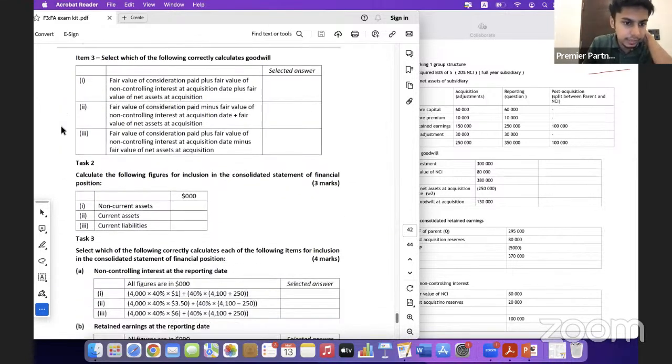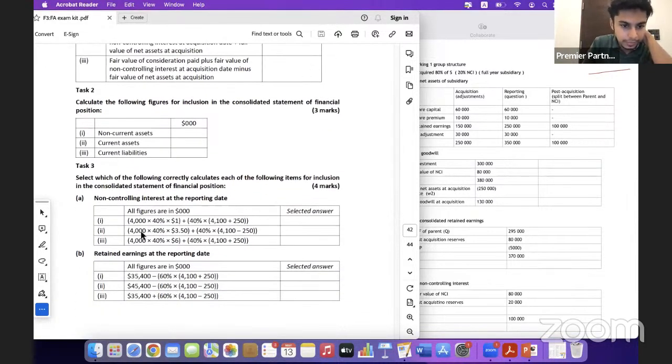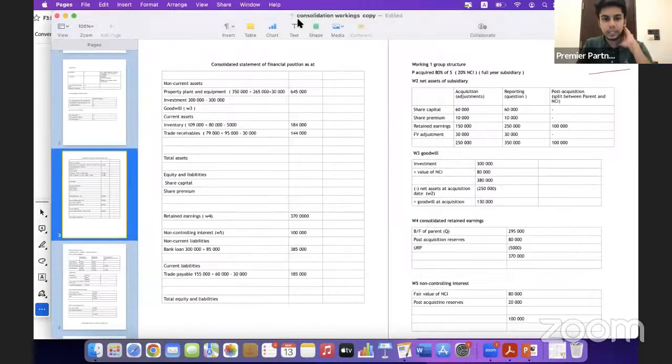Then they are asking us the value of non-current asset, current liability. So it's kind of a little bit of a bigger question actually. Then they are asking from us non-controlling interest value. And on top of the non-controlling interest value, guys, they are also asking us the value for the retained earnings. Okay. So it's almost as if they are asking the entire question from us.